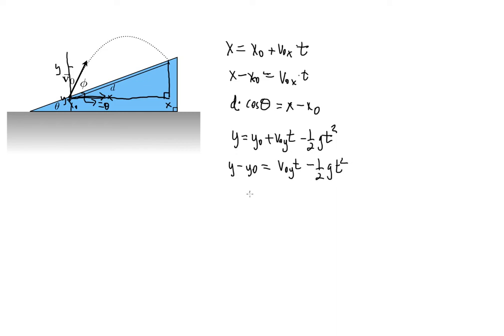And finally, I can say that this y minus y naught, that is equal to also d sine theta. So I'm going to go ahead and say that that's equal to v naught y times t minus 1/2 gt squared.